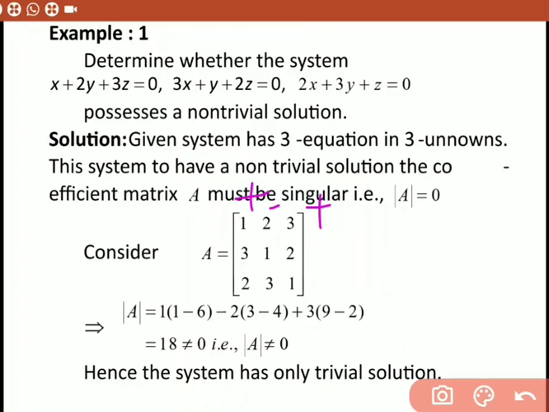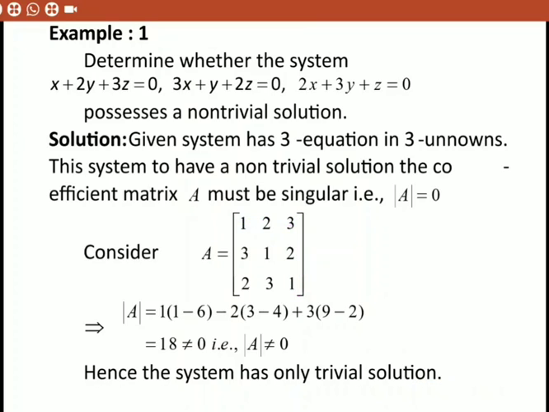Then for the second element, you take minus 2 into, again leaving its row and column, cross multiply: 3 into 1 is 3, minus 4. Then similarly the third element, plus 3 into, leaving its row and column, cross multiply the remaining elements: 9 minus 2.